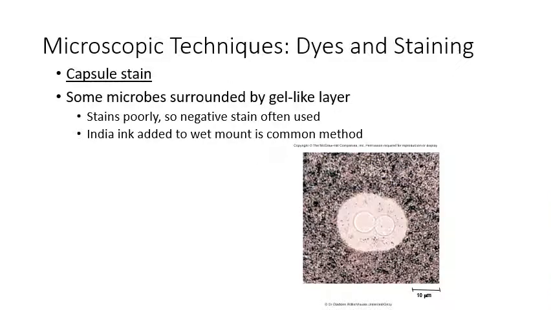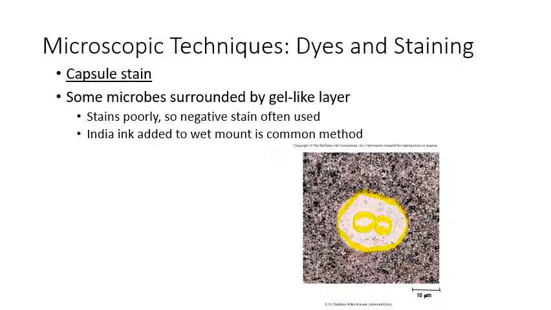All right, here's a capsule stain. So when we're talking about a capsule in this context, if we're looking at this picture right here, I'm going to outline with my highlighter the actual bacteria here, so we can see that the bacteria there, it's a diplococcus, so two of them together. Those bacteria are then surrounded by this much thicker layer of a protective coating, and that's called a capsule.